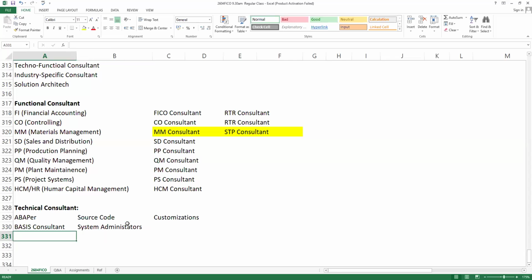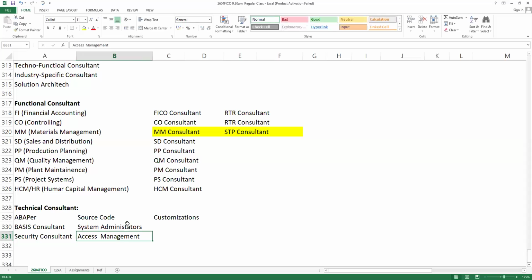The third type of technical consultant is the security consultant. These people will restrict the environment. How do they restrict the environment? Access management.